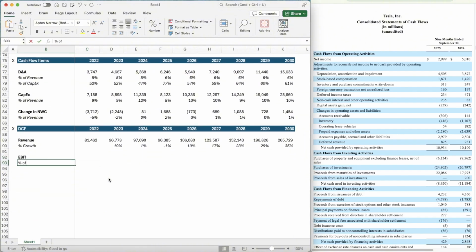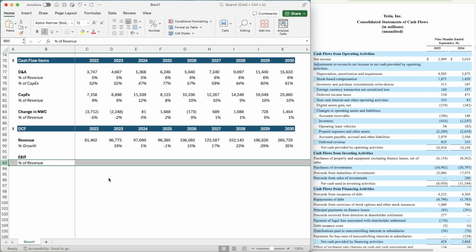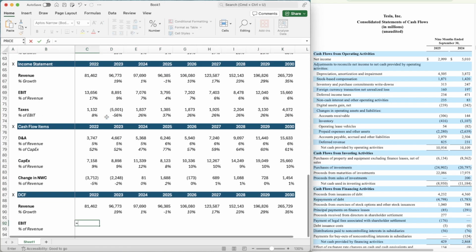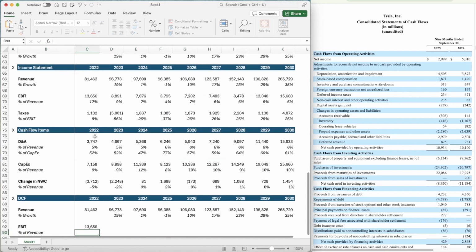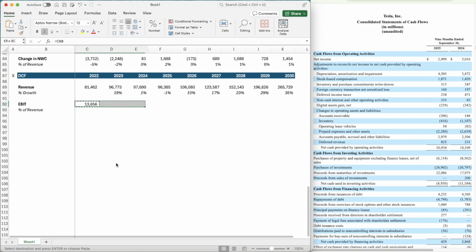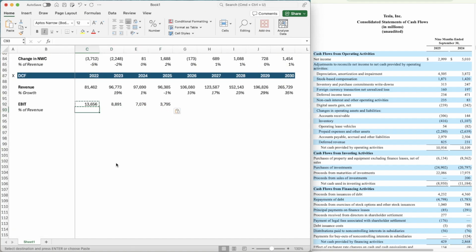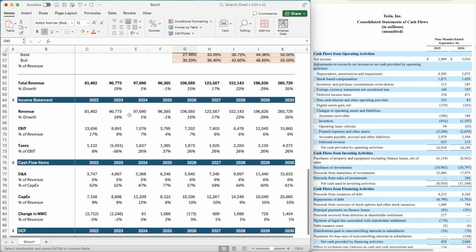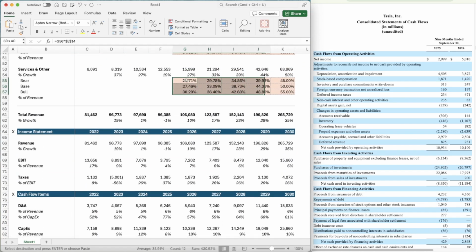We want this as a percentage of revenue. Just copy this up to 2025. Pull this down.